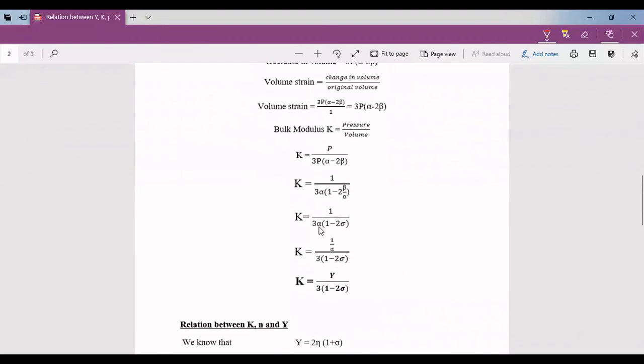Next, we can also write K as 1 by alpha, by 3 into 1 minus 2 sigma. Therefore, 1 by alpha is Young's modulus, where K will be equal to Y by 3 into 1 minus 2 sigma. So this is the relation between bulk modulus, Young's modulus and Poisson's ratio.